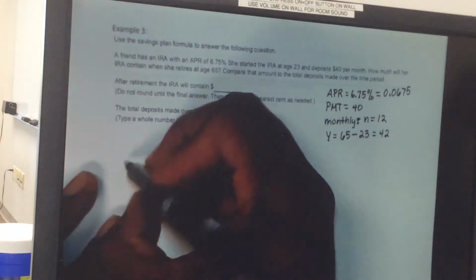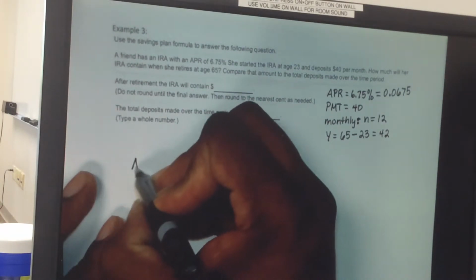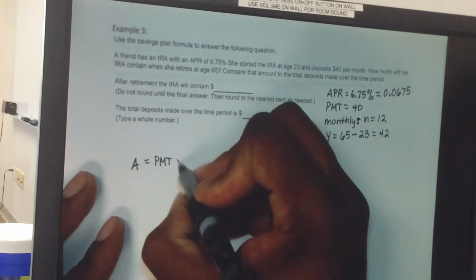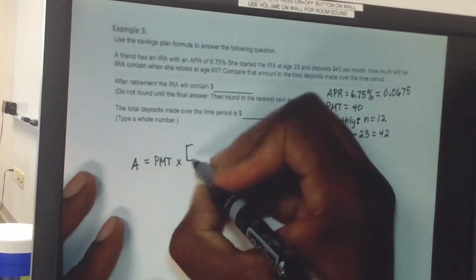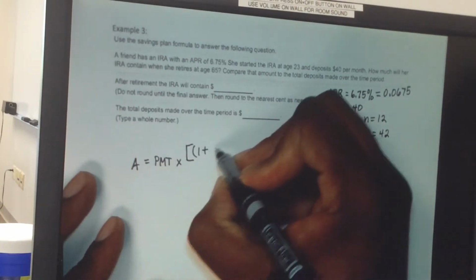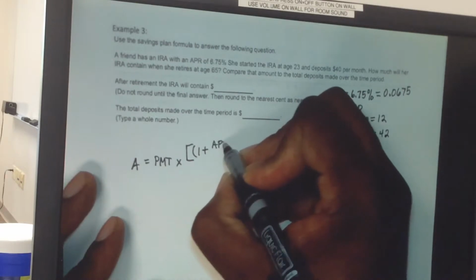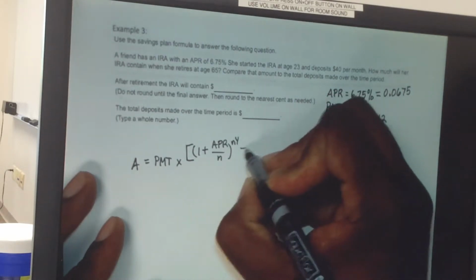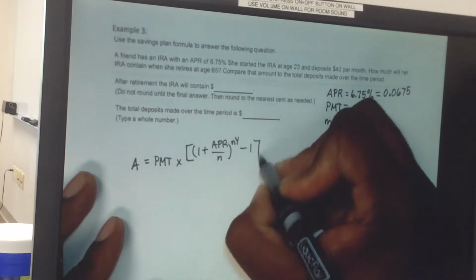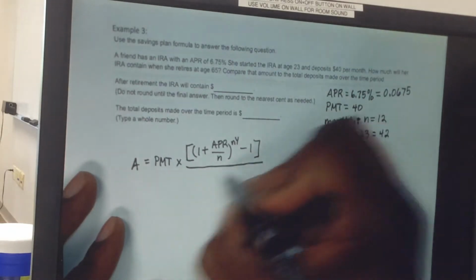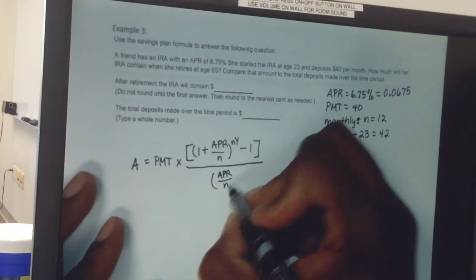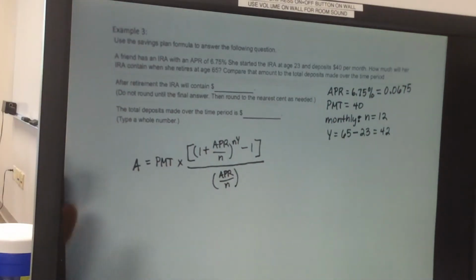A is equal to PMT times the quantity, 1 plus APR over N. That's raised to the N times Y minus 1, all divided by APR divided by N. And you have to excuse my handwriting.